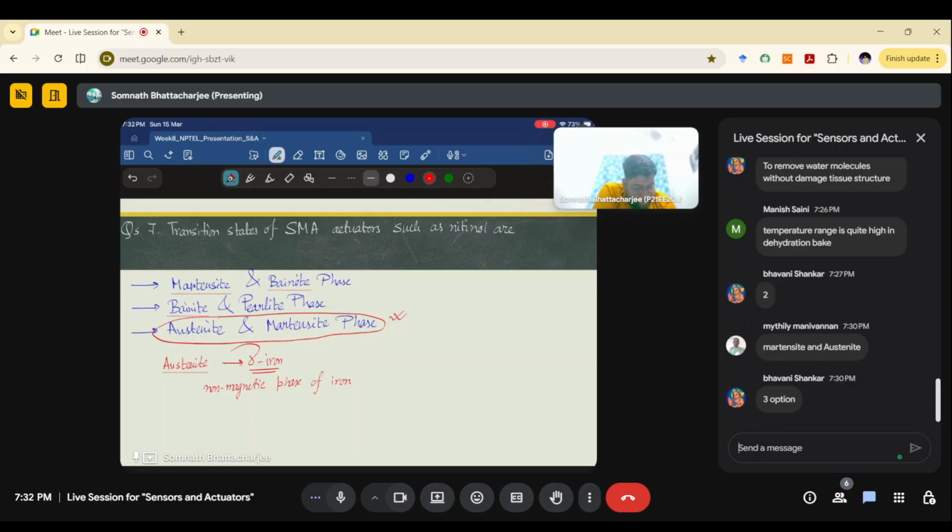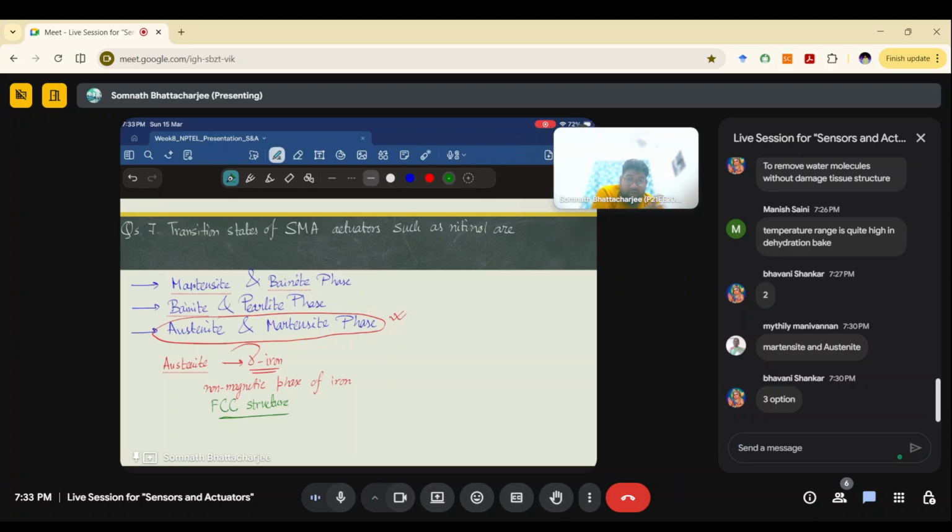And now, another thing to know is that this austenite stage is in an FCC cubic structure. So anybody knows about this FCC structure? Face centered cubic system. Yes, FCC is face centered cubic.